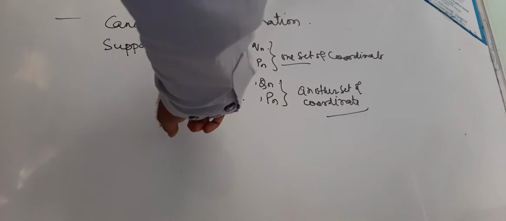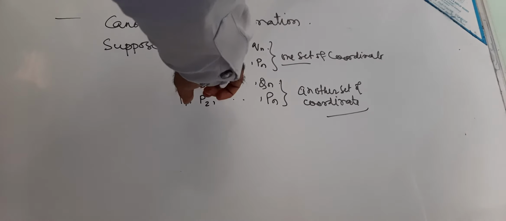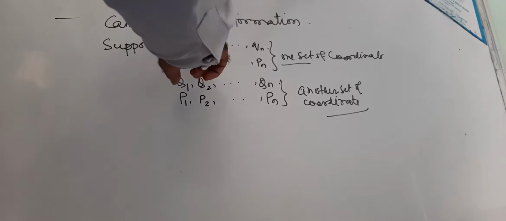So we can write that each Qi is a function of the qi and pi both, and Pi is also a function of them. The new coordinates can be written in terms of the old coordinates. So we have Qi equal to Qi of q1, q2 up to qn, and p1, p2 up to pn.